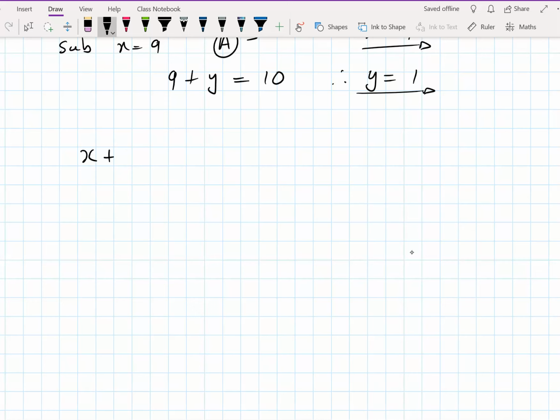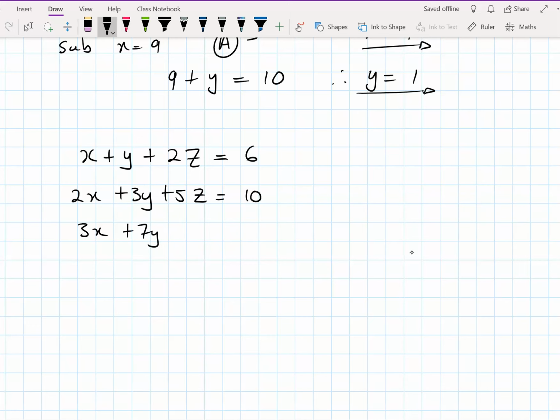We've got x plus y plus 2z equals 6. I've got 2x plus 3y plus 5z equals 10, and I've got 3x plus 7y plus 7z equals 1.